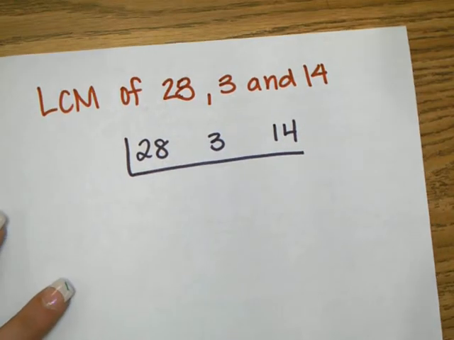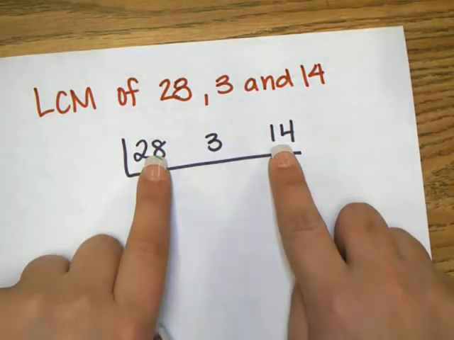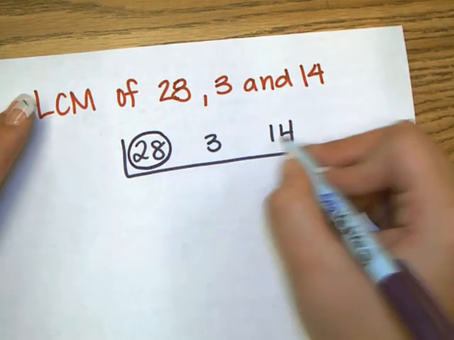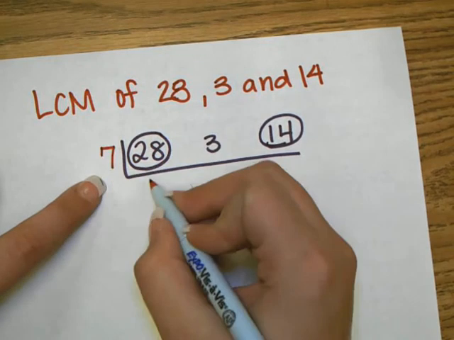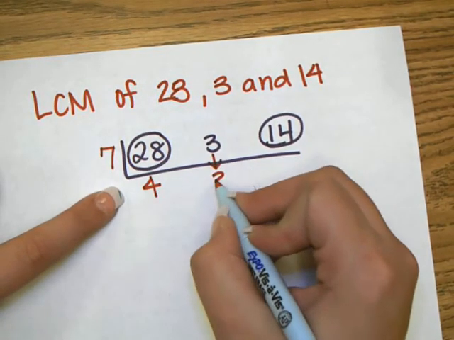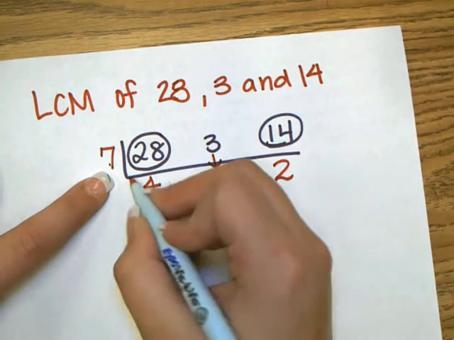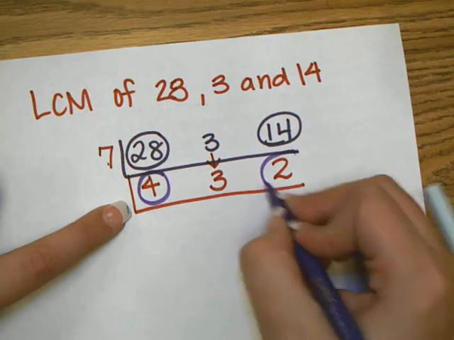So step 2 is I need to ask myself, can I pair anything together? We can pair these two up right here, and that's it. I'm going to pair the 28 with the 14 because they have a common factor of 7. 7 goes into 28 4 times. I'm going to just drop down this 3. And 7 goes into 14 twice.